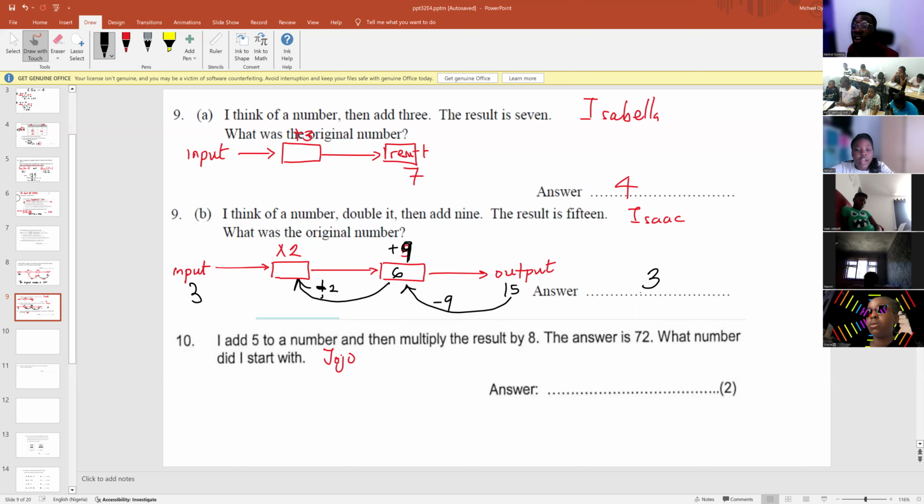You did not divide, you didn't do the opposite of times 2. You were supposed to do the opposite of multiply by 2 because we're working backwards. So you're supposed to divide by 2, not times by 2.